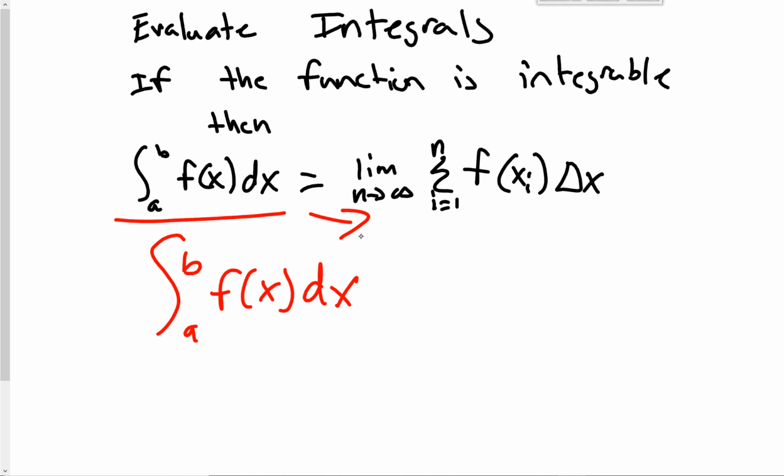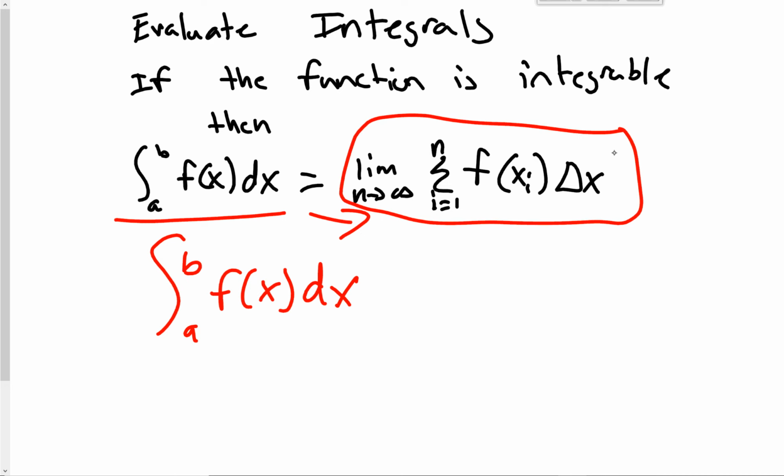So we'd expand this in order to answer it. We'd take our function, which would be pretty much the same thing. Instead of x's, we bring in i's, and we use our a to b to find that change in x, and then eventually we'll take the limit of it to solve for what that number will be.